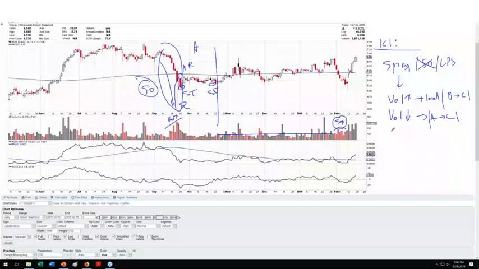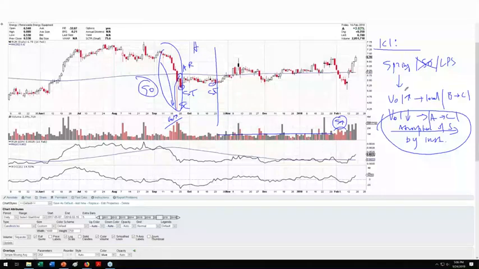Because we want to see that absorption of supply by institutions throughout the whole structure. That's what we're seeing in this picture. And then we also would like to see a local volatility where weak hands are giving up their positions, so capitulating into phase C. Well, that's definitely there.